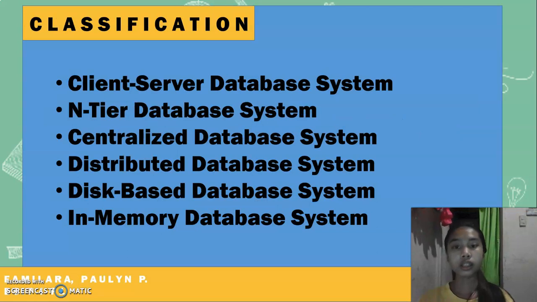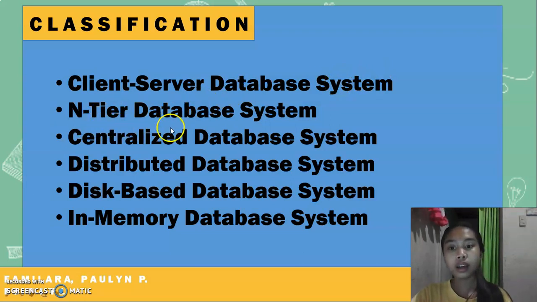Next, these are the classifications of the database. First is the client-server database system. It has both clients or front end and at least one database server, the back end.